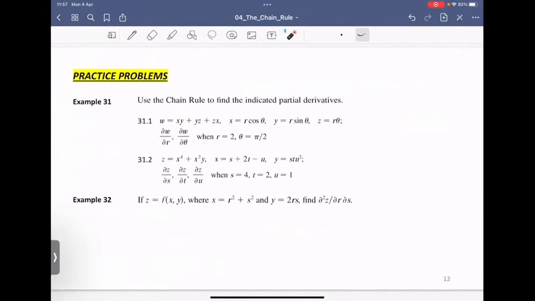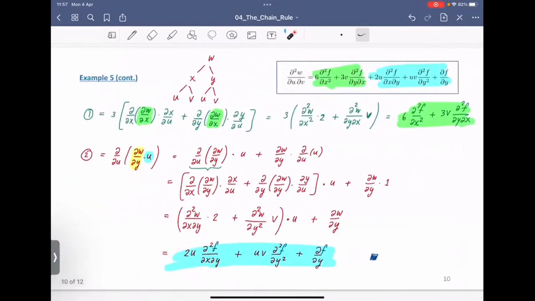And if you draw the chain, it's going to be easy to compute. Well, the challenging one is going to be 32, because it's similar to example 5. So again, when you do the differentiation 2 times, second order partial derivative, things get more spicy, more complicated. So you have to be very careful about what you're trying to differentiate here.